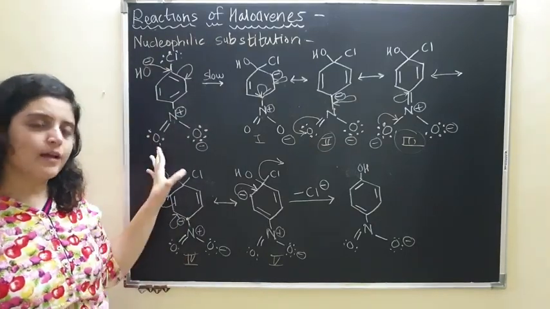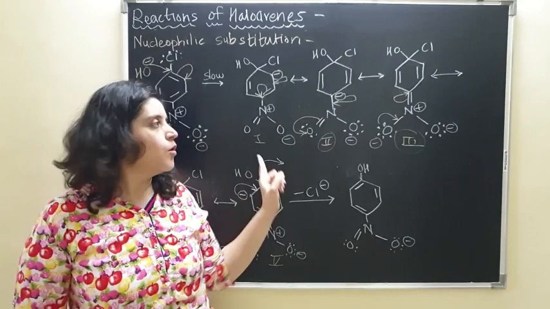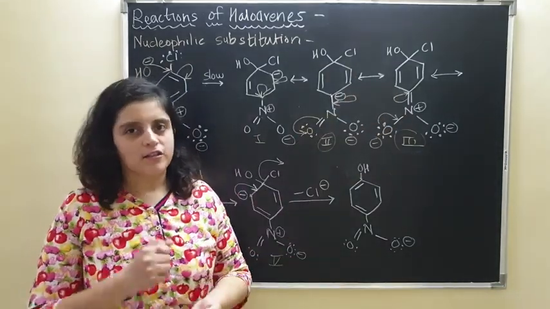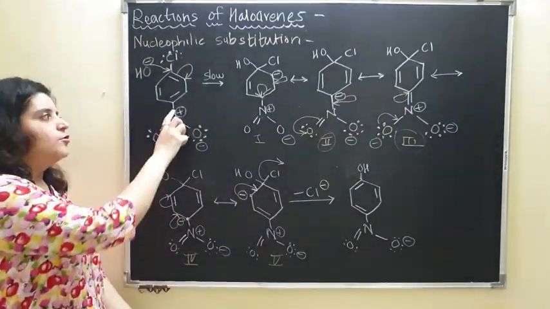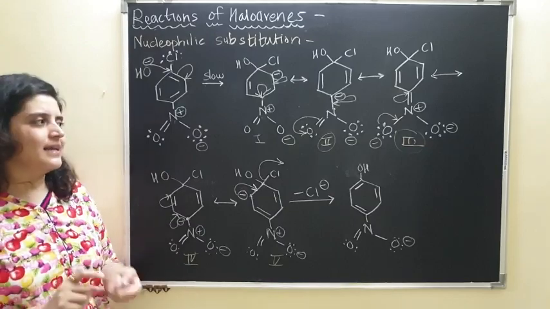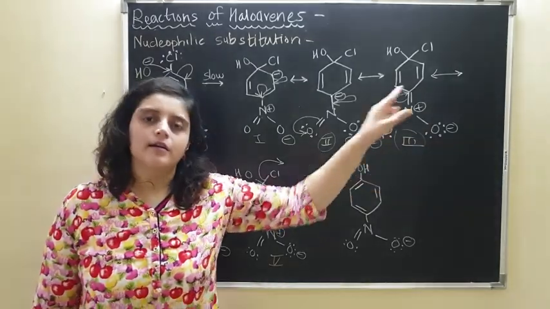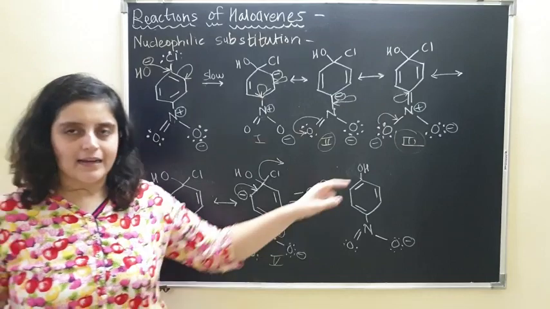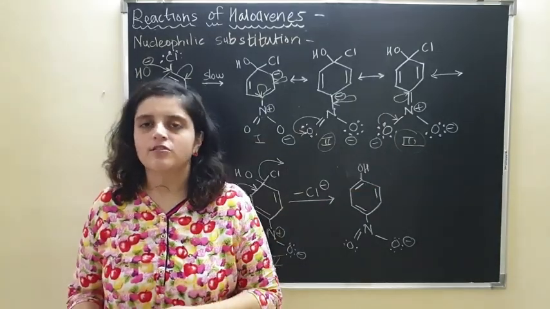अगर NO2 group नहीं होता para position पे तो number of resonance structures कम होते, but NO2 group para position पे है, इसीलिए ये second, third या फिर 4 जो भी रहेगा, ये सारे resonance structures possible है.